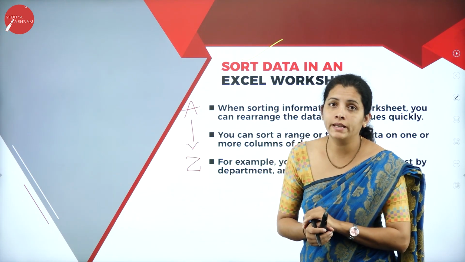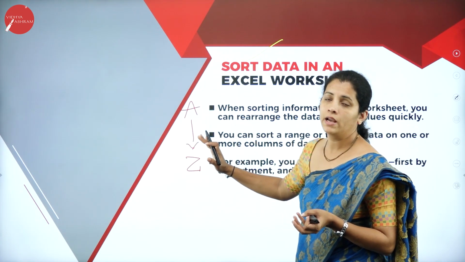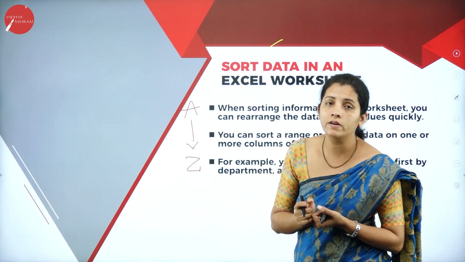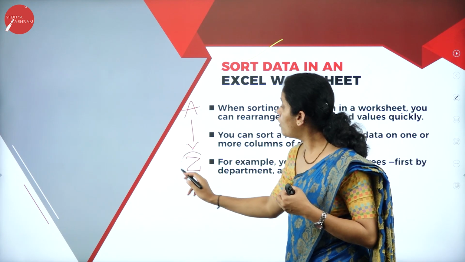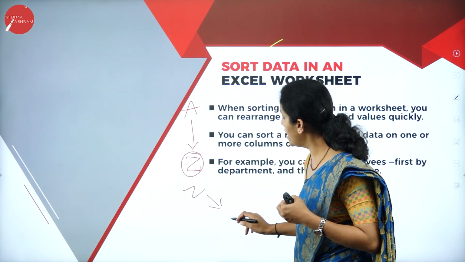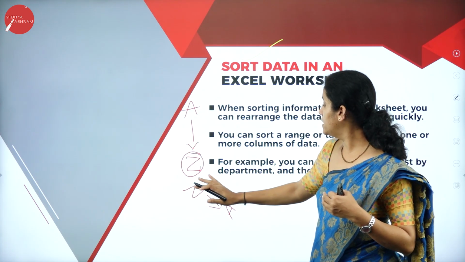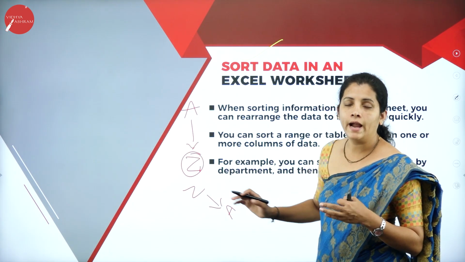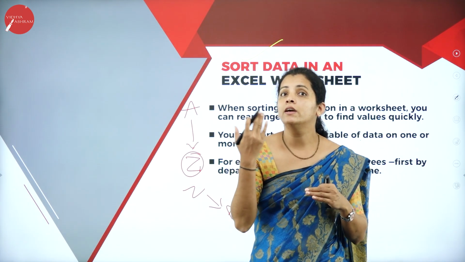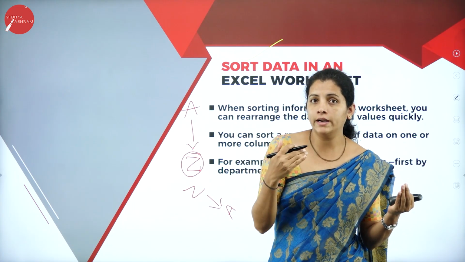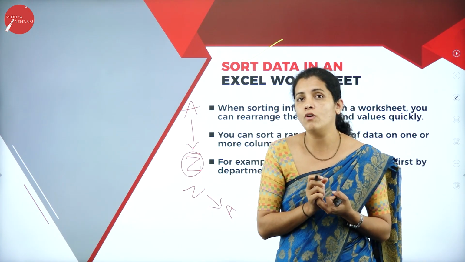So how does the alphabetical order start in ascending order? That is A to Z. And if I consider descending order, then the alphabets are represented in the form of Z to A. So for ascending it is A to Z, and for descending it is Z to A. And if I consider numbers, then in ascending order I'm going to get 1 to 10 or 1 to 100, whatever it may be, but descending is completely the reverse of ascending.